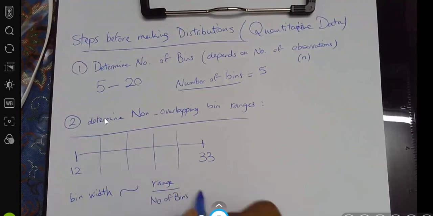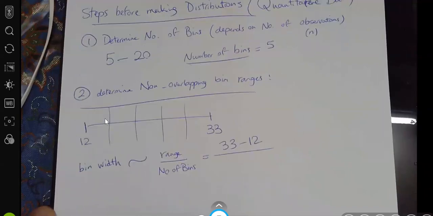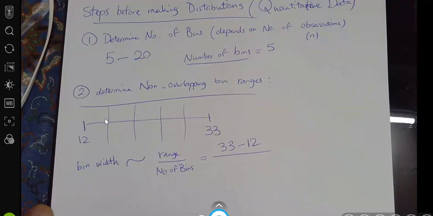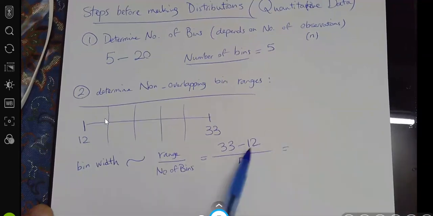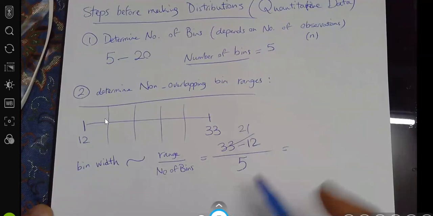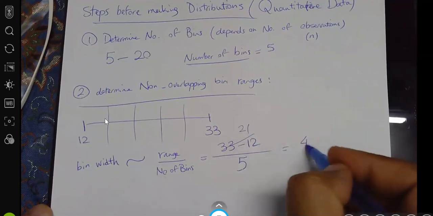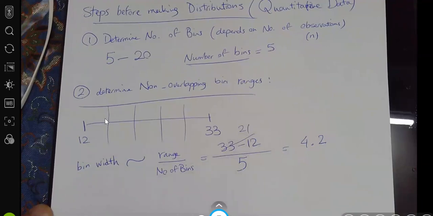Range here is 33 minus 12, maximum minus minimum in the data file. Number of bins, we just decided it to be 5. 33 minus 12 is 21, divided by 5 is 4.2. This is what we get for the bin width.